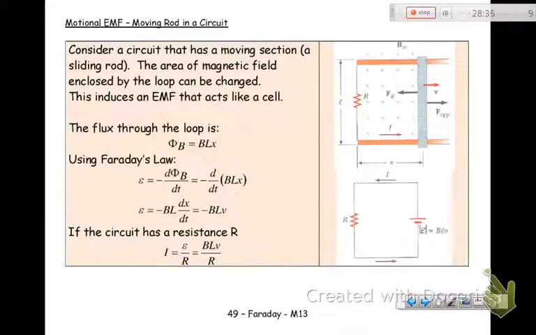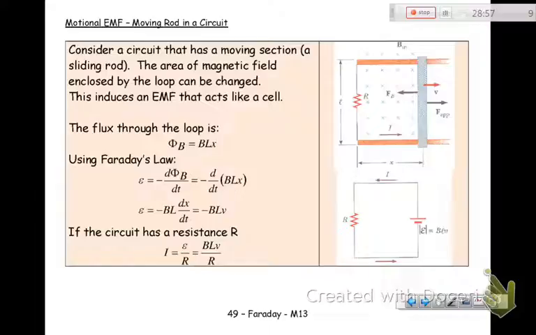Or I can say I have a changing area on a loop, and because of Faraday's law, that creates an EMF. So there are two ways to get to the EMF, the motional EMF way and the Faraday way, and this is telling you it's the same thing.